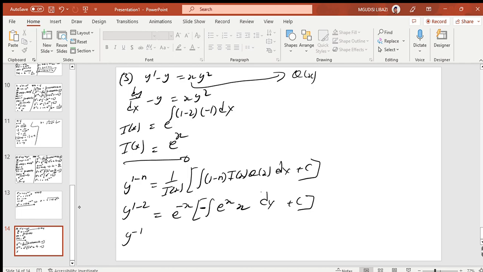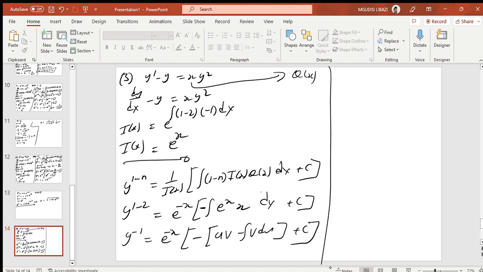Y to the negative 1 is equal to e raised to negative x into negative, and into the integral of e raised to x times x, which is uv minus the integral of v du, and then plus c. So we can make our u equal to x, so that our du becomes dx, and then our dv equal to e raised to x dx, so that our v is equal to e raised to x.